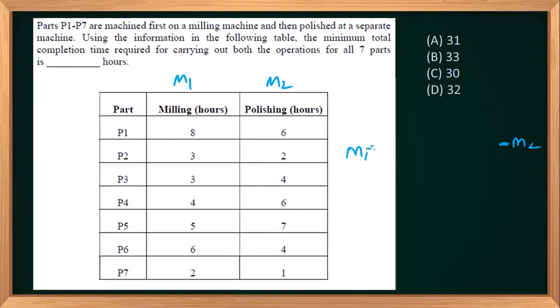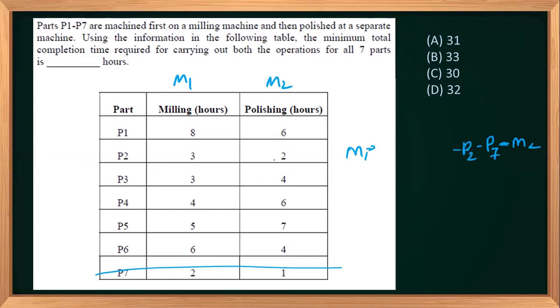Among these, the least possible time is 1 hour, and that is for P7, which is for machine M2. So P7 will be the last one to process. Now P7 is gone. Among the rest, the least is 2 for P2, also for machine 2. So P2 will be the second last one.